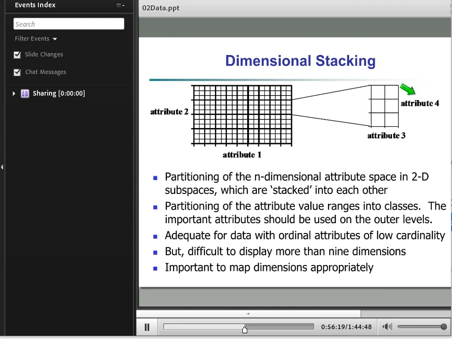In each pixel of this plot, I can present another hierarchy or another level to present, for example, the relation between attribute 3 and attribute 4.